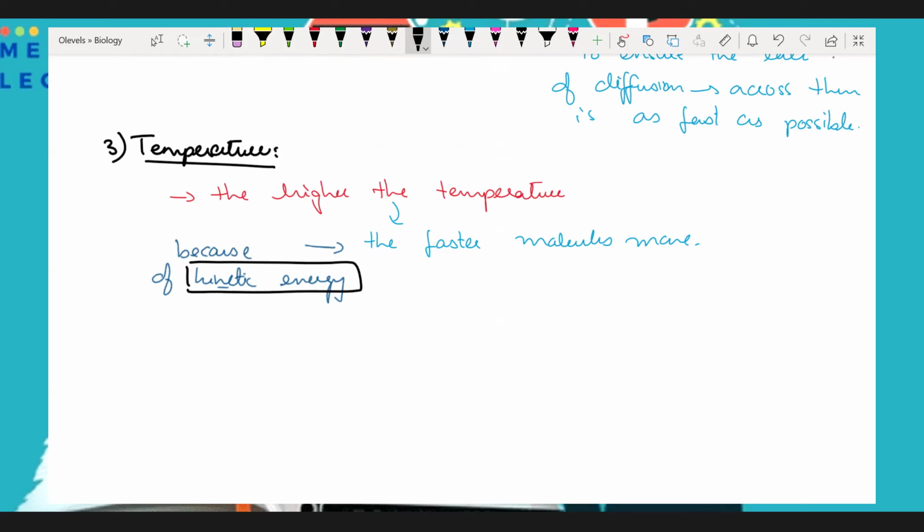So we can say that it is the energy an object has because of its motion. Am I correct? Yes, ma'am. Okay.